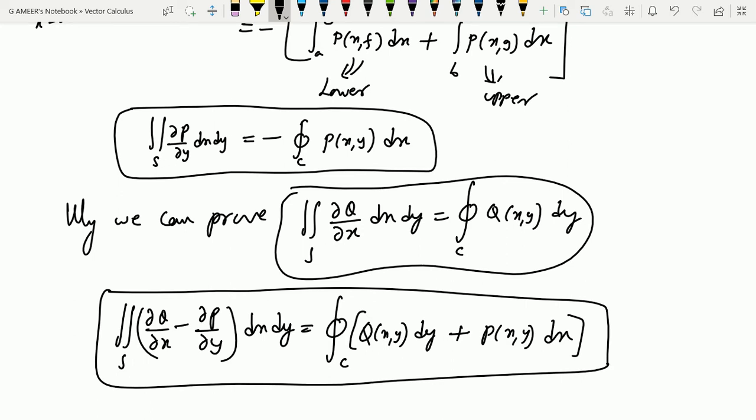Okay, fine. So this is the simplest way of proving Green's theorem.